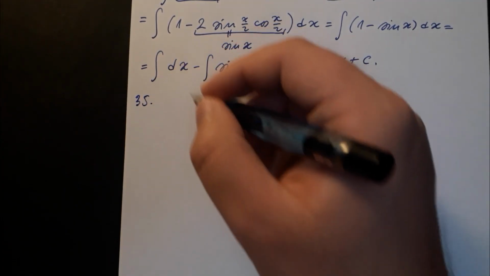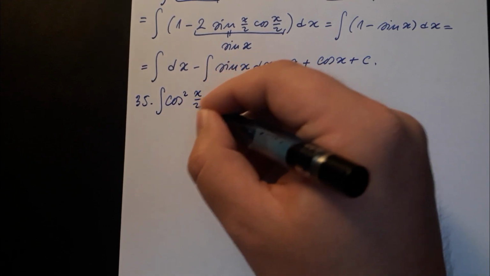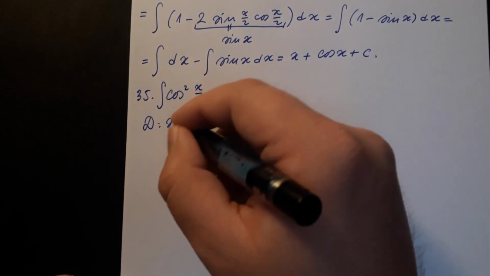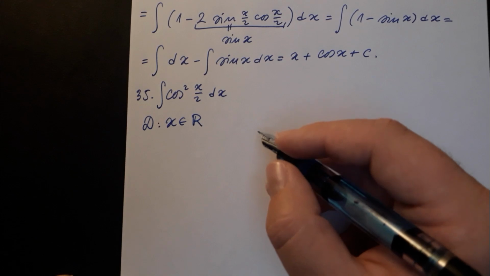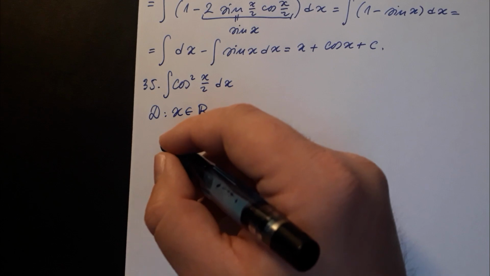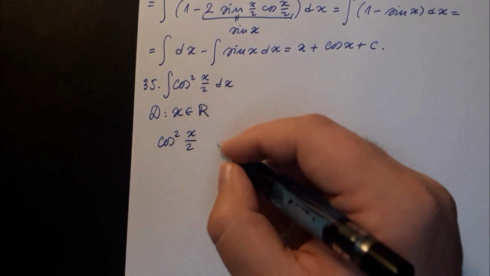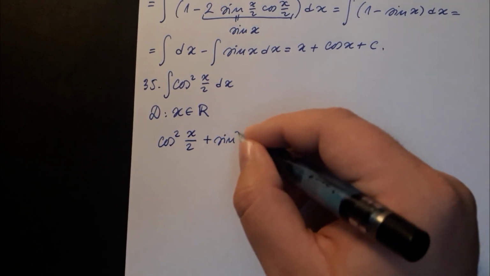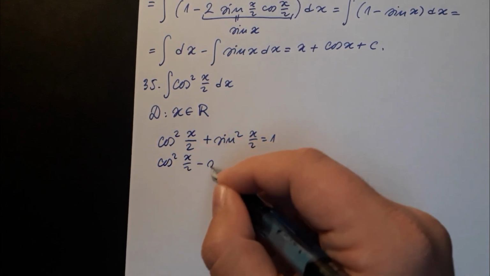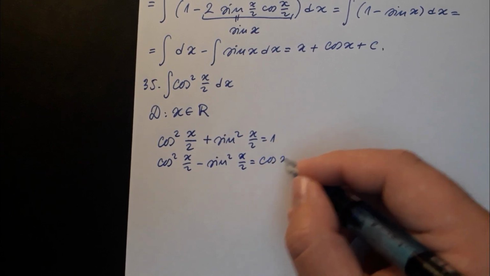Integral number 35 on our list is an integral of cosine squared of x half dx. Now, the area for this integral is for all x which are real numbers, the area where this integral is defined. What we can use is the trick from a previous problem where we write cosine squared x half plus sine squared x half is 1, and cosine squared of x half minus sine squared of x half is cosine of x.